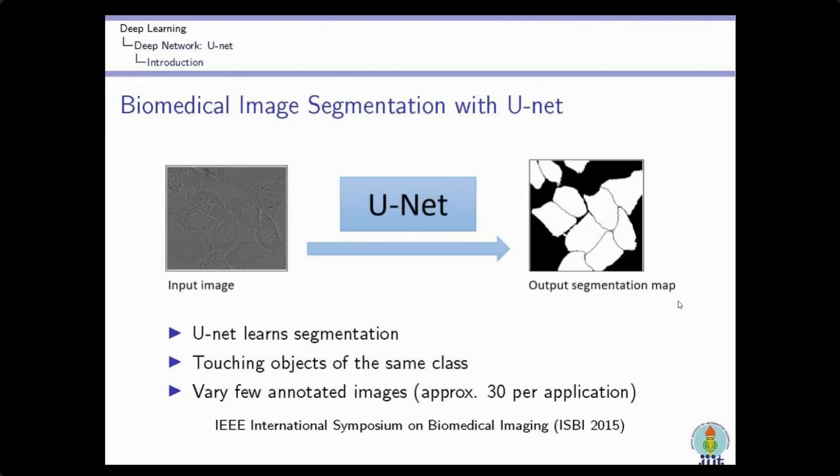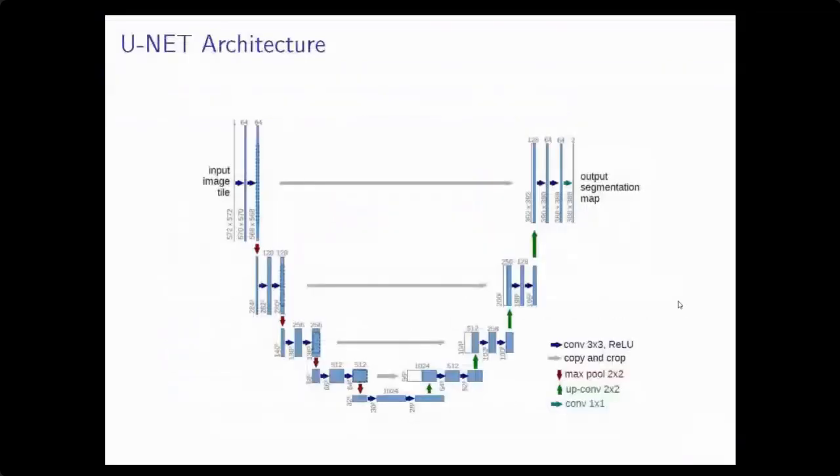It can distinguish the overlapping cells as well, and that is the beauty of this UNet architecture. We can train this model with very few annotated images, and approximately 30 images per application are only required to train this system. So that is the beauty of this UNet architecture. So this is the architecture of a UNet.